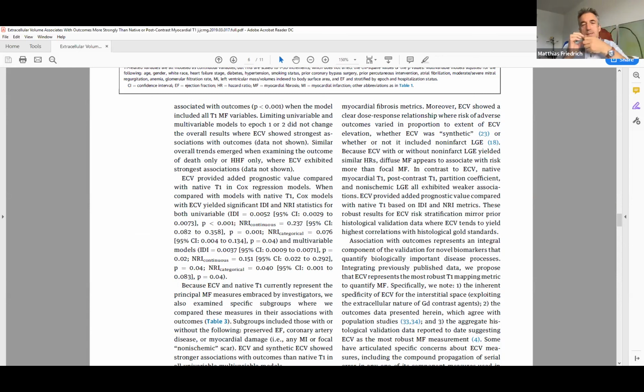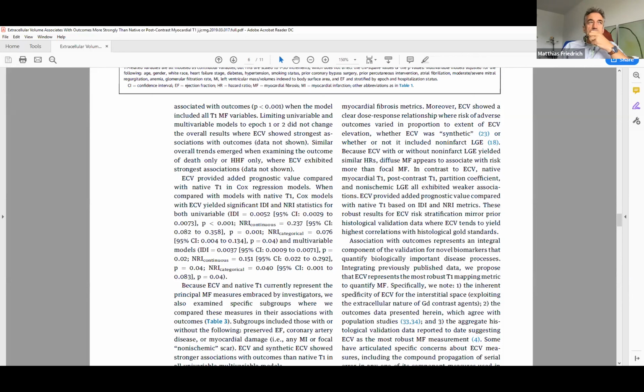a question to you could be: you say that ECV is better, but the other question one could ask is, when could T1 be good enough? Even though ECV is better, could you imagine that in certain patients a native T1 that is sky high would be enough for you in a clinical setting, or would you always go for ECV?